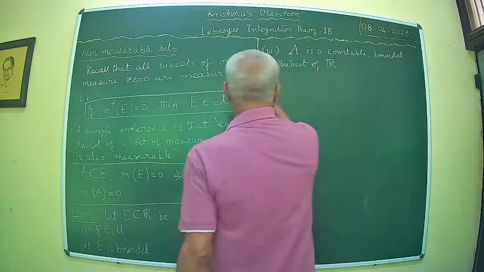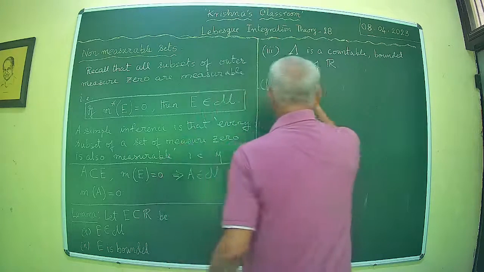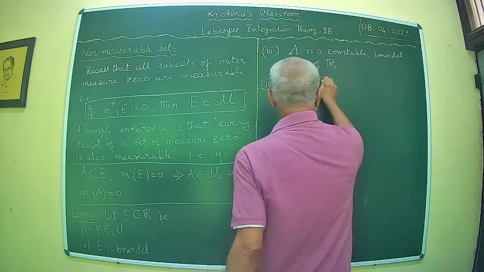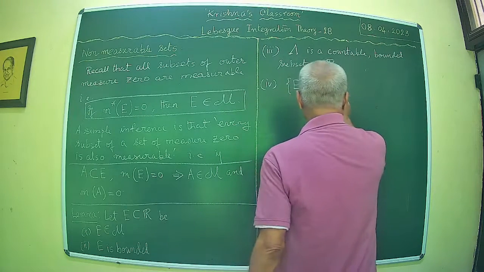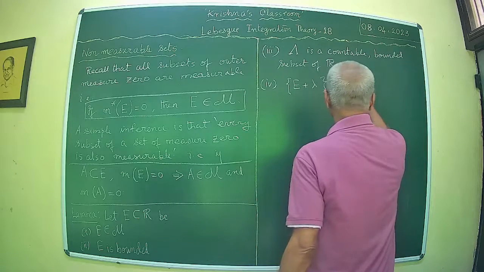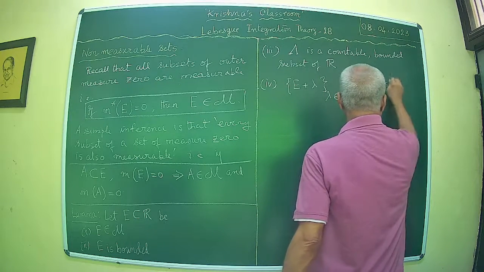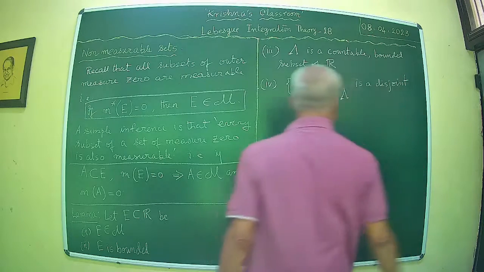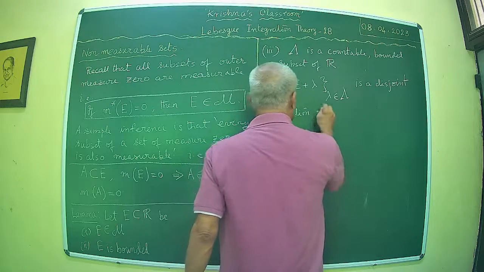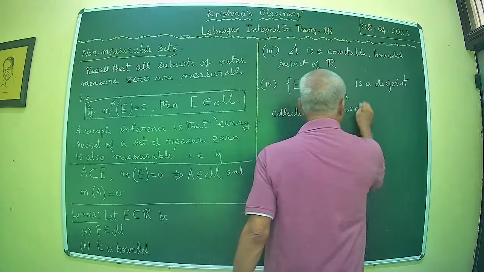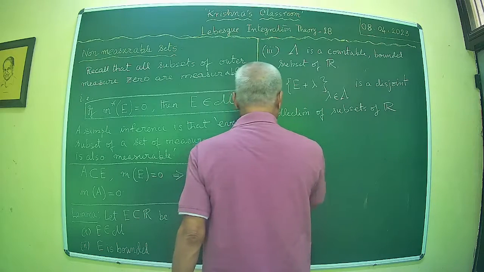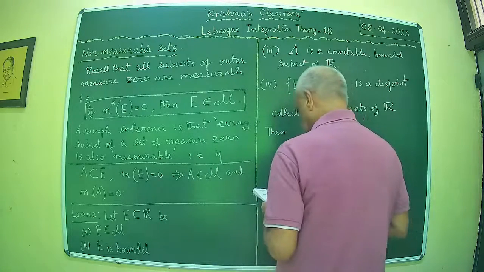And the fourth property is that E plus lambda, that is the translate of E for lambda belonging to the collection, is a disjoint collection. Then what you have is this.